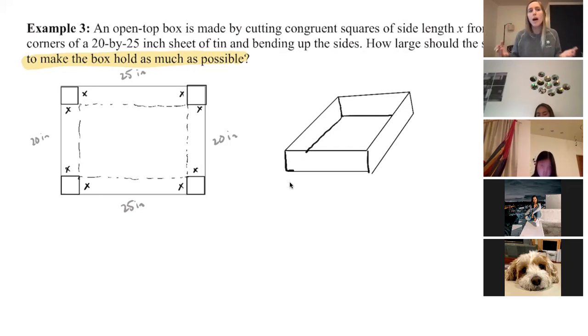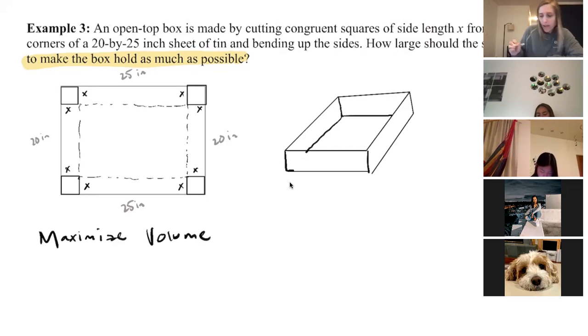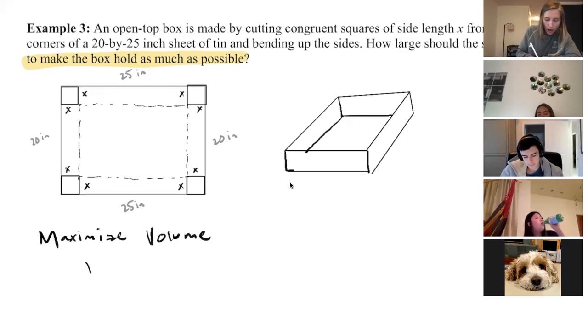We want to make the box hold as much as possible, which means we want to maximize the volume. So since we want to maximize volume, Zach, what's my optimization equation going to be for? Volume.